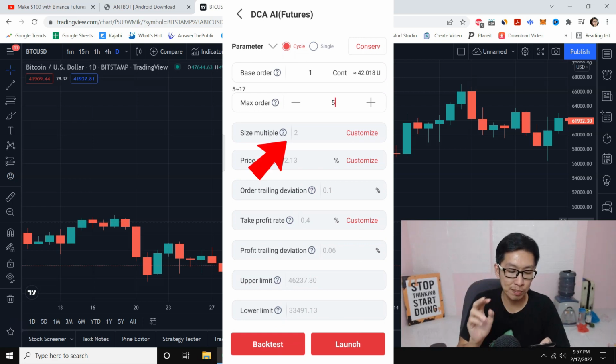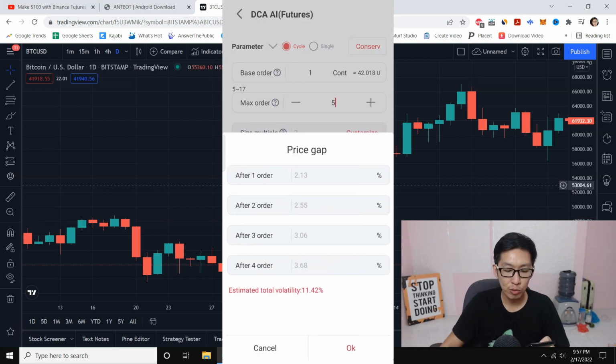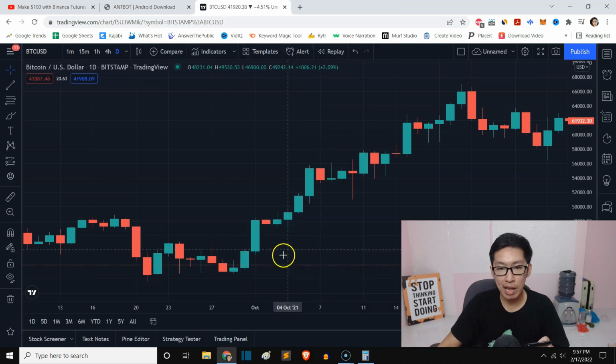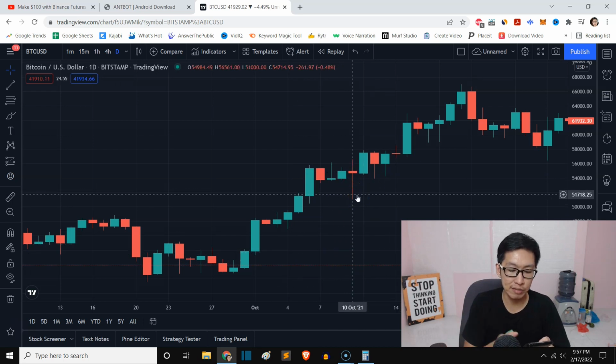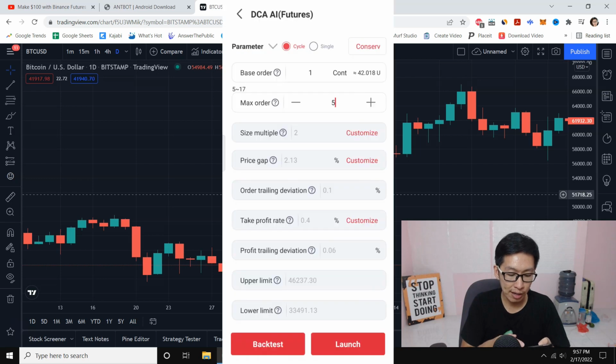That is size multiplier, meaning multiply your base order by 2. If it goes against you more, 2.55%, it will again multiply by 2, so your average entry position will get closer to the current price. And on it goes.